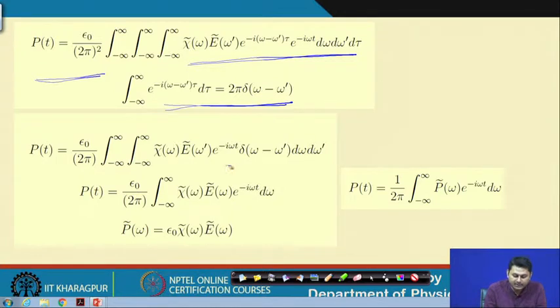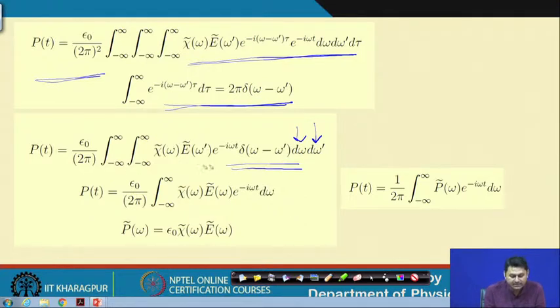When I write this delta function and integrate, one integration is gone, and the d tau integration is gone, because in place of it I put 2 pi delta (omega minus omega prime). So, only two integrations remain, one over d omega and another over d omega prime. The d tau integration is gone because I am using this delta function.